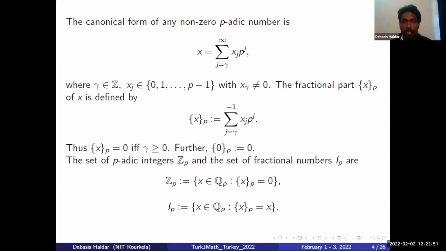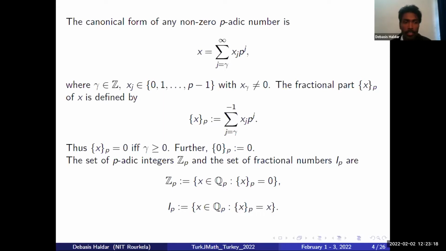The fractional part of x is defined as the summation of x_j p to the power j, where j is from gamma to minus 1. So the fractional part of x is equal to 0 if and only if gamma is non-negative, and the fractional part of 0 is 0.